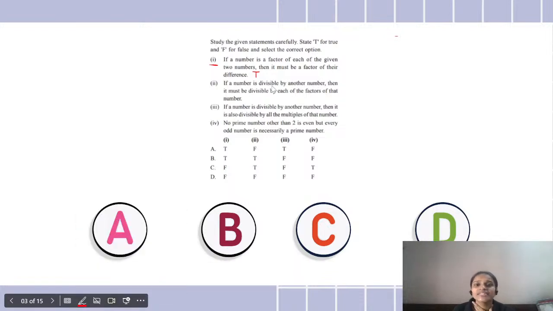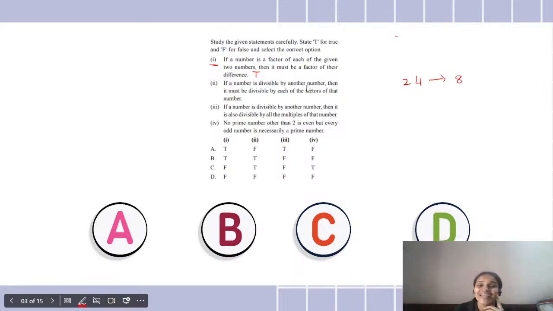If a number is divisible by another number, then it must be divisible by each of the factors of that number. Let's say if I have a number 24, it is divisible by another number, let's say 8. Okay, so 24 is divisible by 8, right?